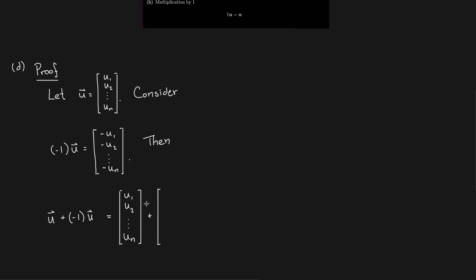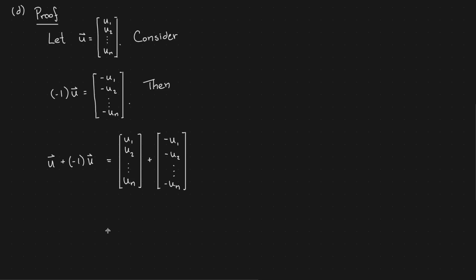There we go, that's a little better. So -1 times vector U, -U1, -U2, all the way to -UN. By the way, I just took out those parentheses because I thought it looked a little ugly. If you left them in there, that's fine. It means exactly the same thing. Okay? I just wanted it to look like what I already wrote up here.